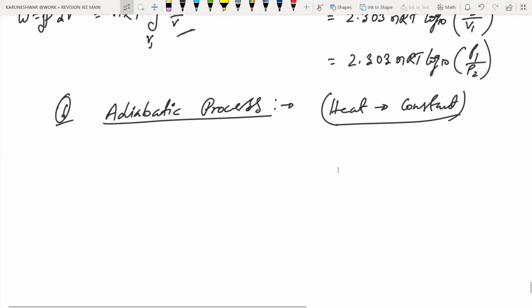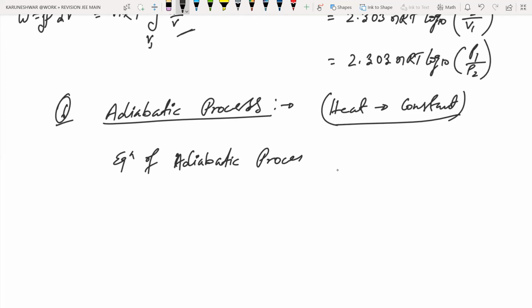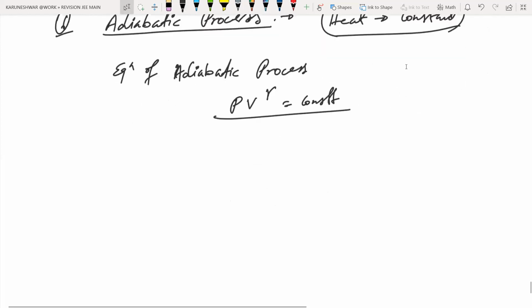So in the case of adiabatic, what is the equation of the adiabatic process? The equation is PV to the power gamma is constant. This is one of the equations we will use further.